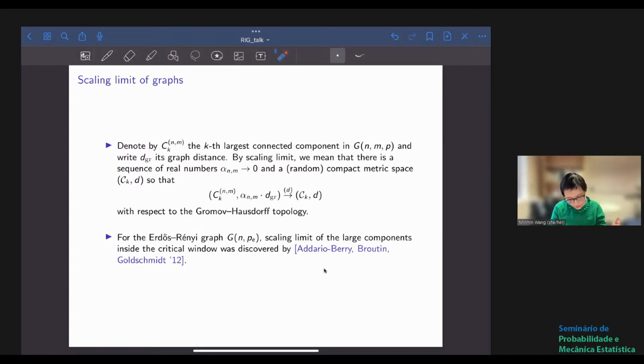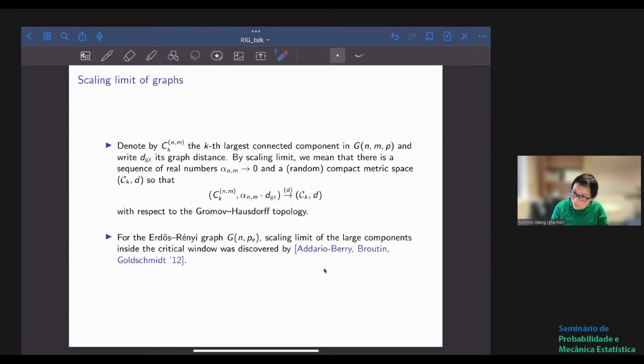As the size of your graph goes to infinity, the diameter of your component goes to infinity. So to keep things compact, you have to rescale the graph distance. The aim here is to find an appropriate sequence of real numbers, put it in front of the graph distance, and then look at this rescaled metric space.